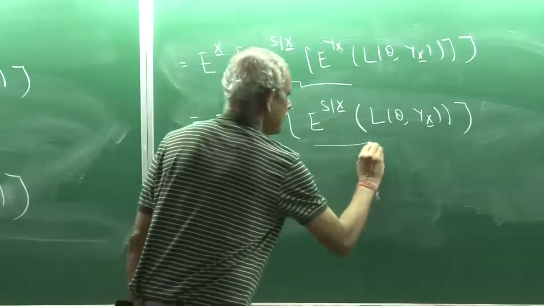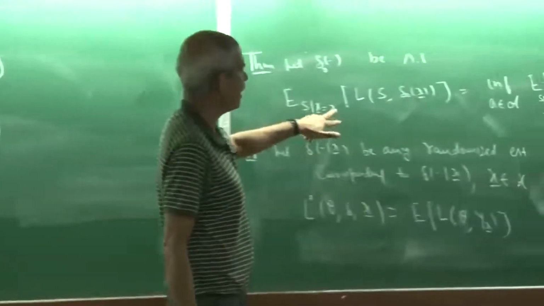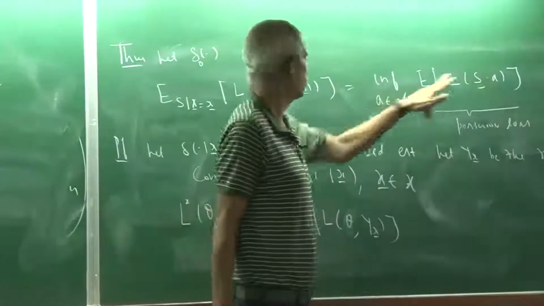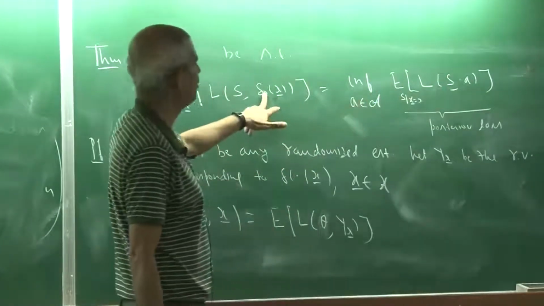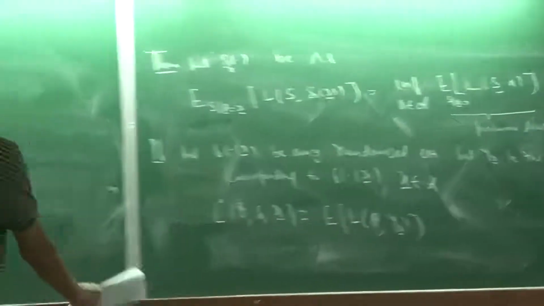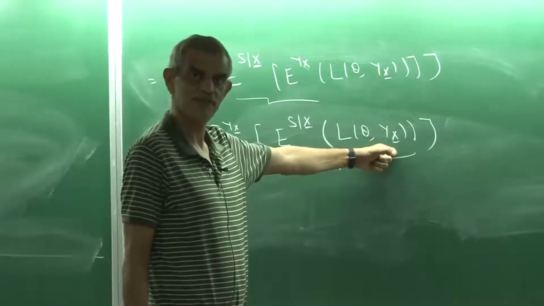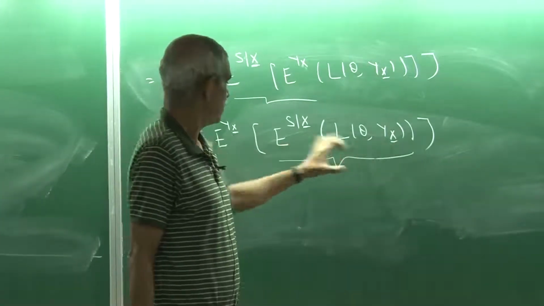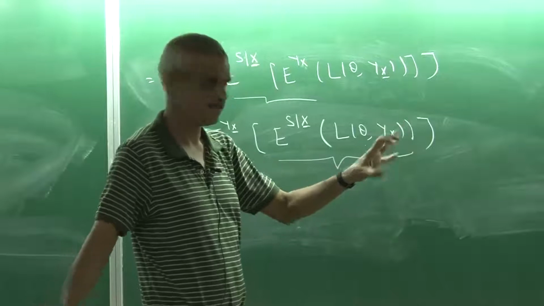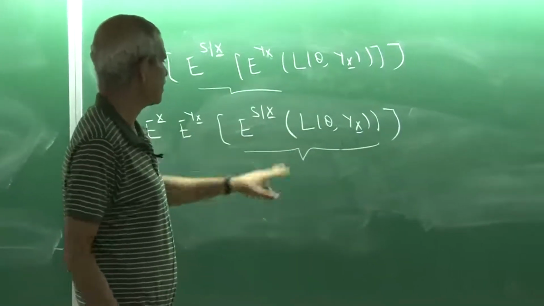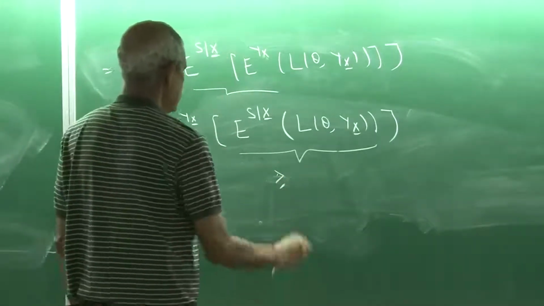Now let's look at only the inside thing. What is given to me? E of S given X equal to X of L S A is minimized by delta naught X. So whatever A you put over here, it is minimum when you replace A by delta naught X. Here it was Yx, so if I put delta naught X here, I get a smaller quantity. You know that if Y1 is less than or equal to Y2, then the expectation of Y1 is less than or equal to that of Y2. So whatever X may be, this quantity is always greater than or equal to the one with delta naught X, because delta naught X minimizes this.